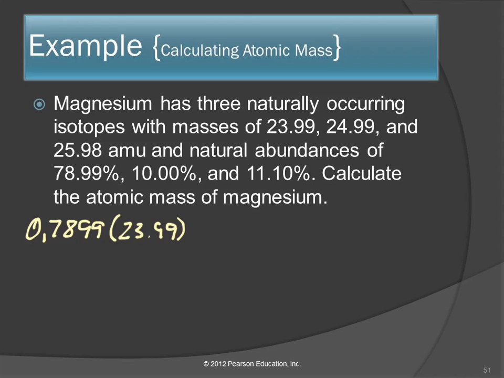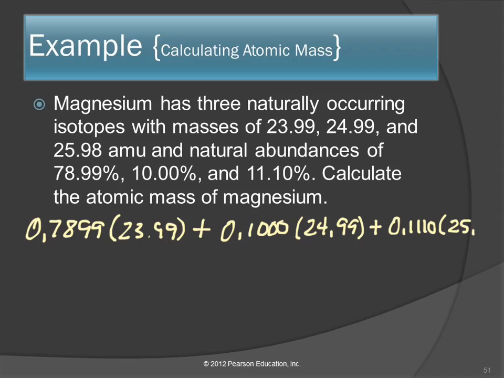And then we're going to add the next fraction, which 10% is 0.1000, times the mass of that one, 24.99. And then the last one is 11.10%, so that's 0.1110 times 25.98. And so write it all out like that, and then add it up.